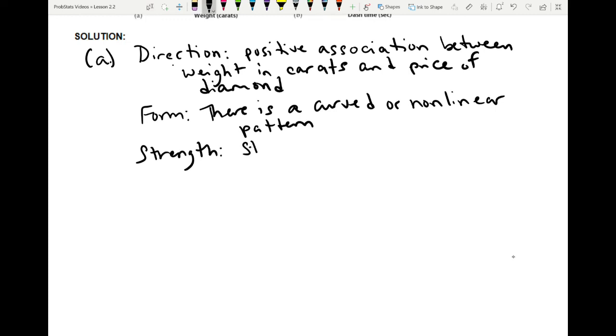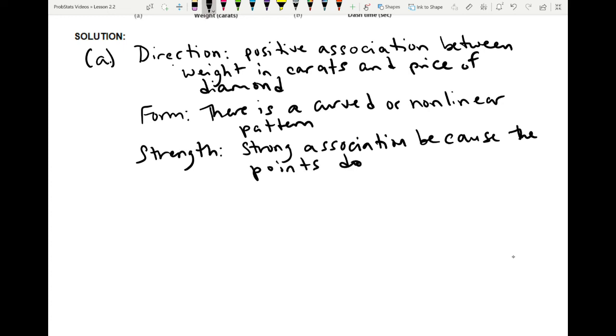We have a strong association, because the points do not vary much from the pattern.